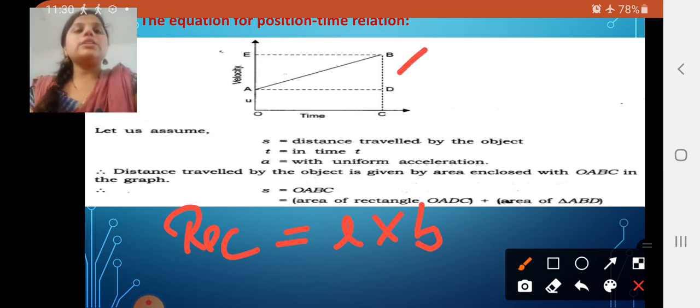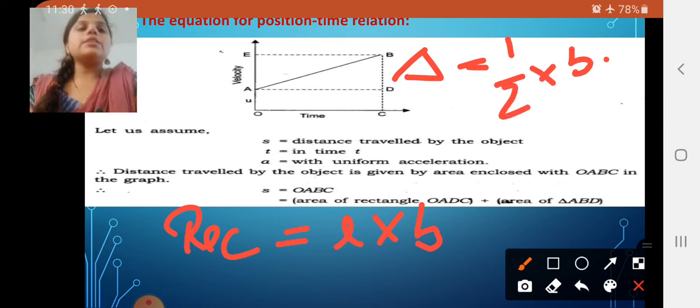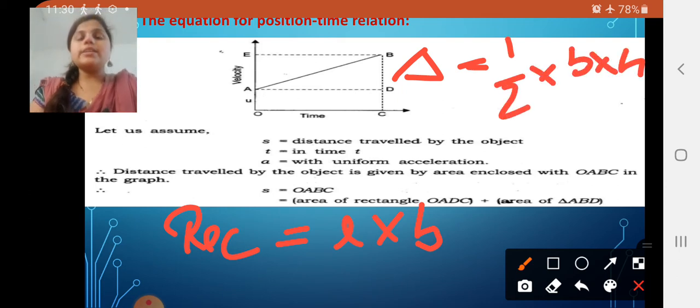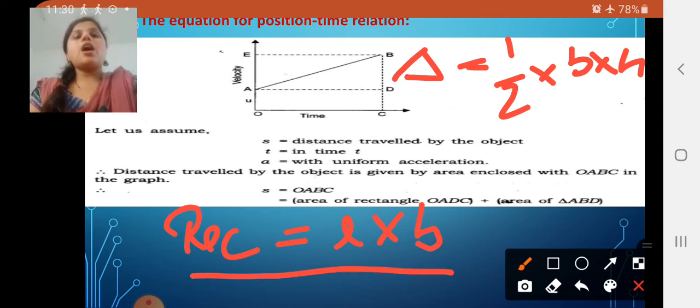The triangle is defined as half into base into height. This is the concept we are using here. If you know the area of the rectangle, length into breadth, and the triangle, half into base into height, then easily we can derive this equation.